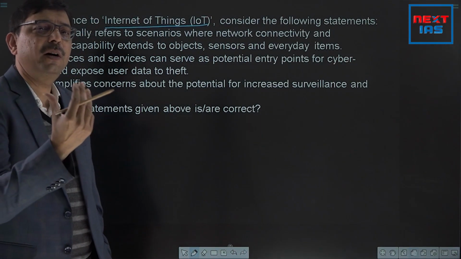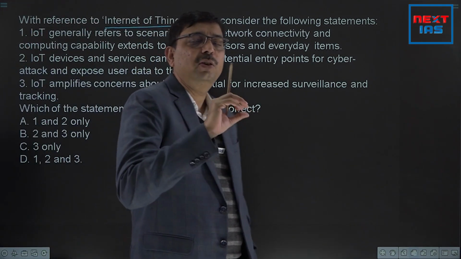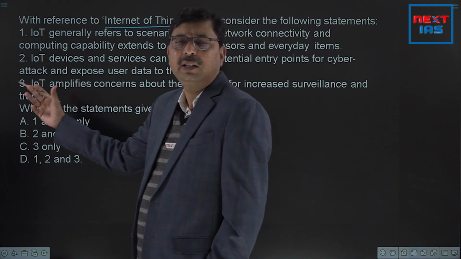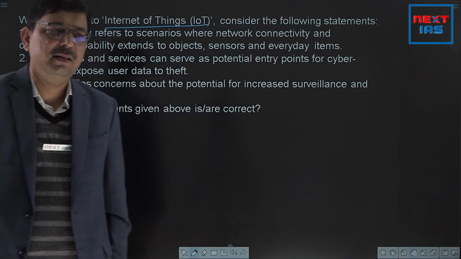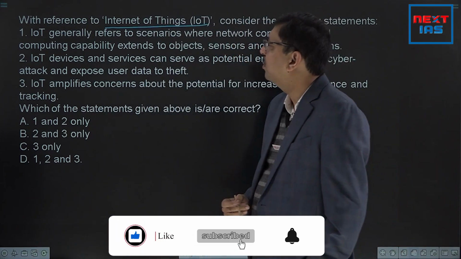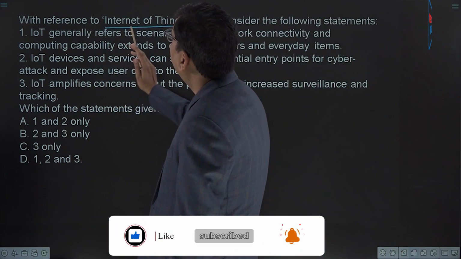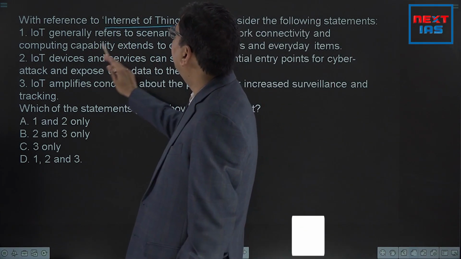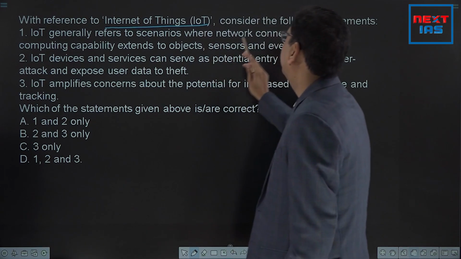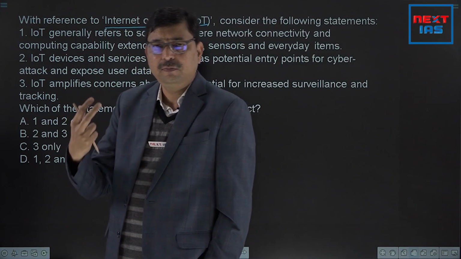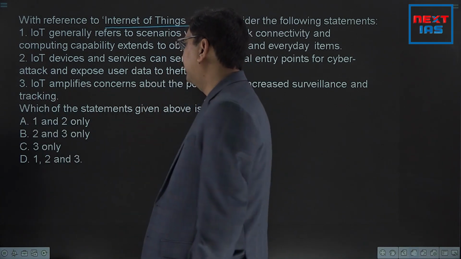Like the connected smart home concept. Your light, refrigerator, microwave, all the electrical appliances can be interconnected, and you can control them through your mobile also. So IoT generally refers to scenarios where network connectivity and computing capability extends to objects, sensors and everyday items. Yes. So all the things can be interconnected.